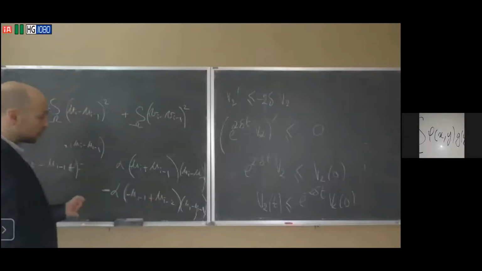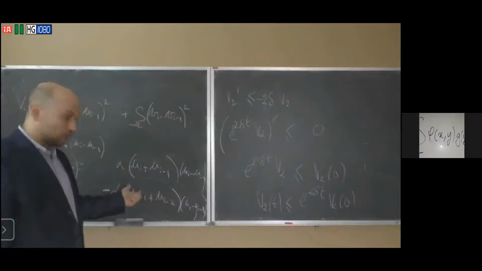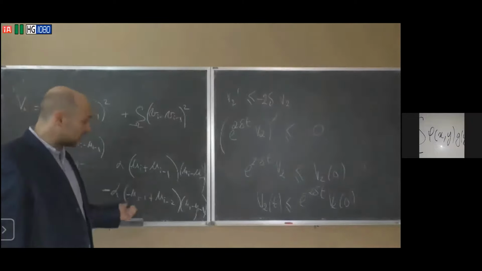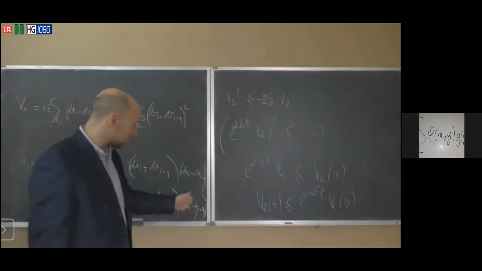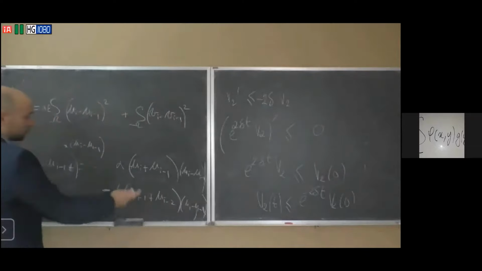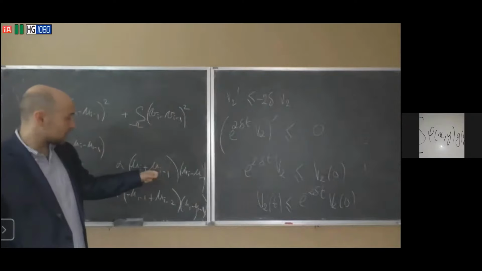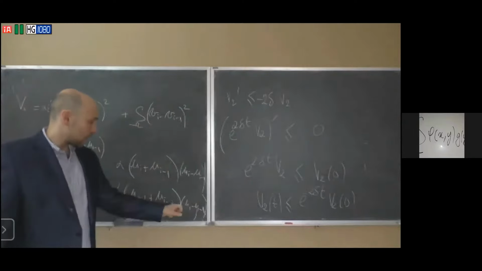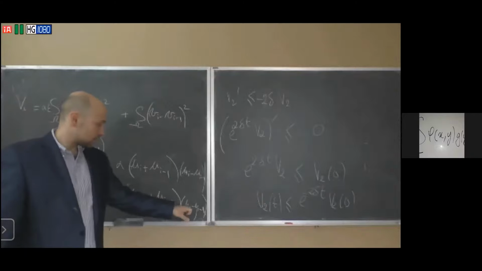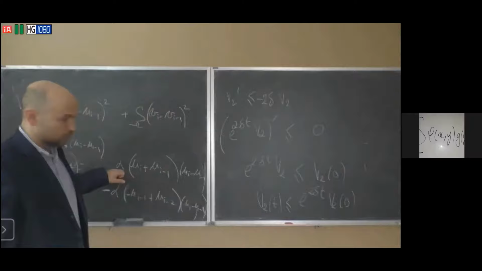So by playing with Young inequalities, this term will go to zero with an exponential decay, and then we keep this term, but if you choose the right coefficient, we will be good, because this will make things close to zero, and this can be cancelled out by this term. And this is the idea.